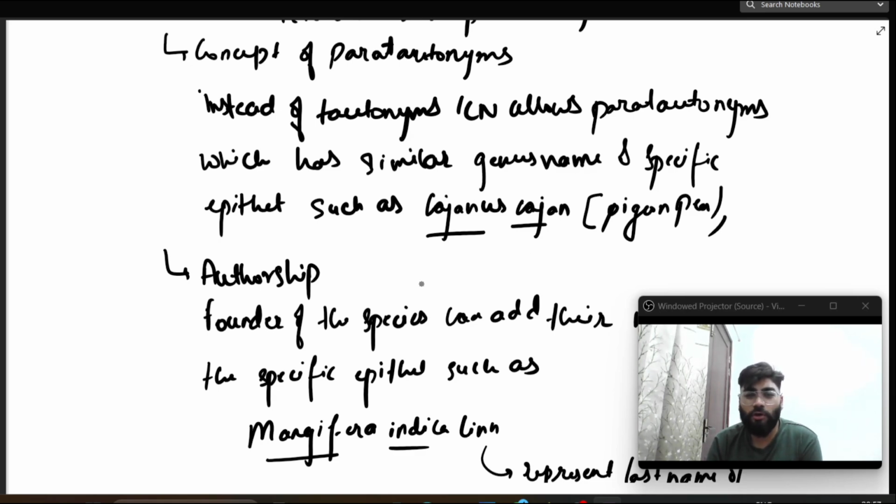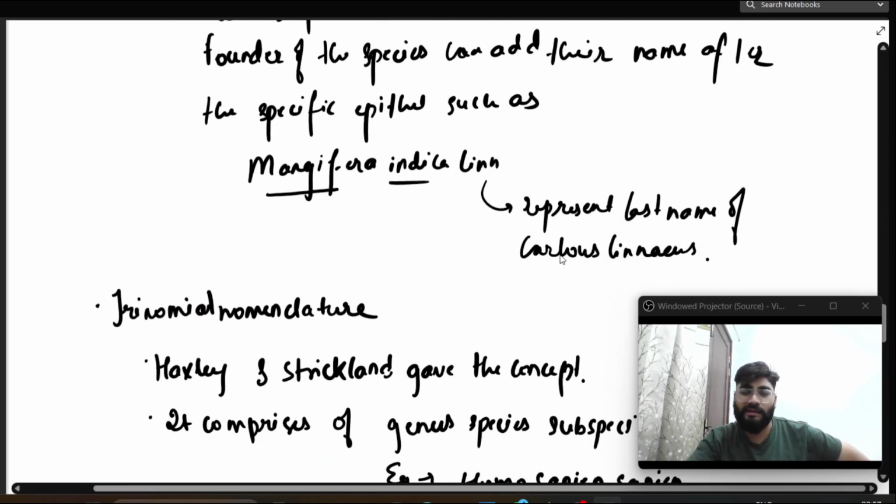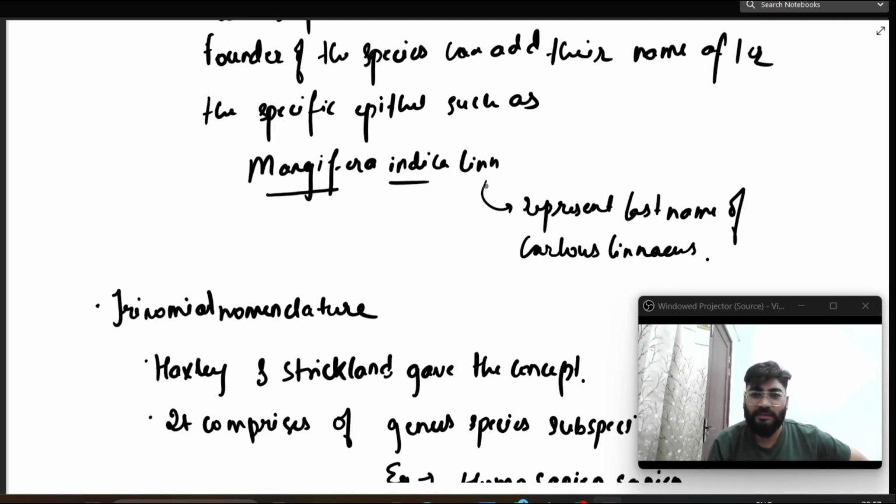When we are talking about authorship, let's say some scientist, as we have already talked about Carolus Linnaeus, has found a species Mangifera indica, which is the mango, and he wants to take credit for the species name. He can always add his name, Linn, at the end. Sometimes instead of Linn, just L would be written, depending upon where exactly he reported his discovery of mango.